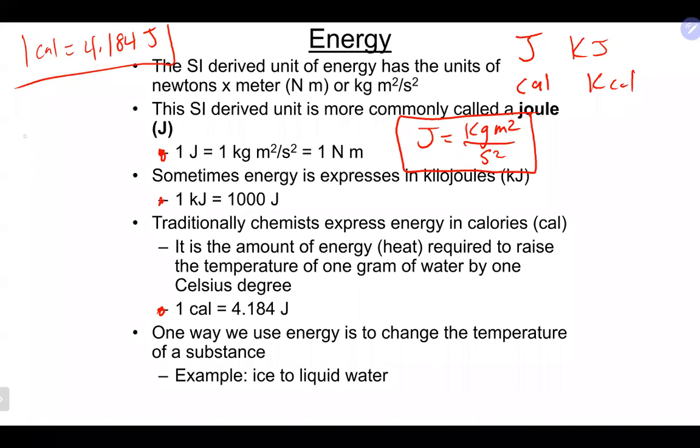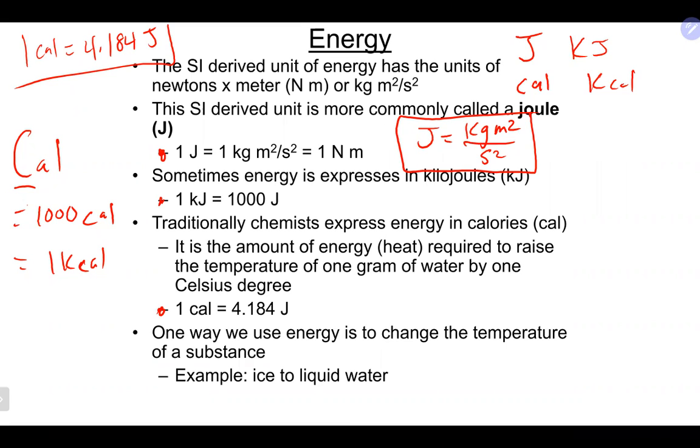That is different than a nutritional calorie, which is actually a capital C. A nutritional calorie is 1,000 of the little calories, a kilocalorie. So when you're talking about food, like the nutritional label on the back of food, and they talk about calories, those are nutritional calories, which are equivalent to 1,000 of the little calories that we use here.